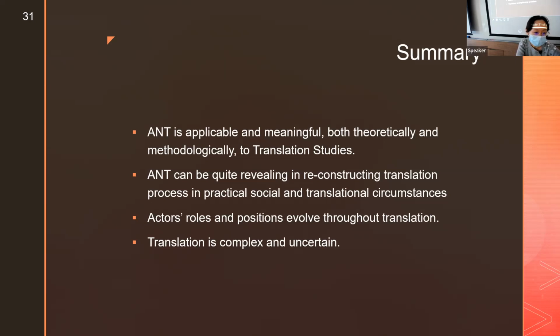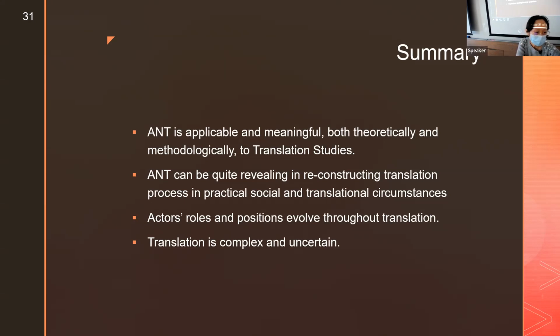And translation is a much more complex network in terms of its configuration than has been previously perceived. And translation is also complex and uncertain in terms of its power dynamics, because when social and translational conditions change, which is quite common in real-time translation production, some changes can be unexpected.